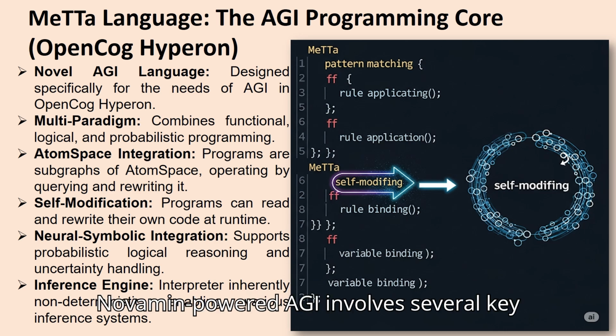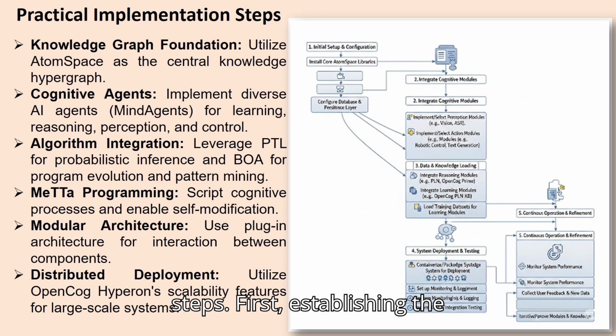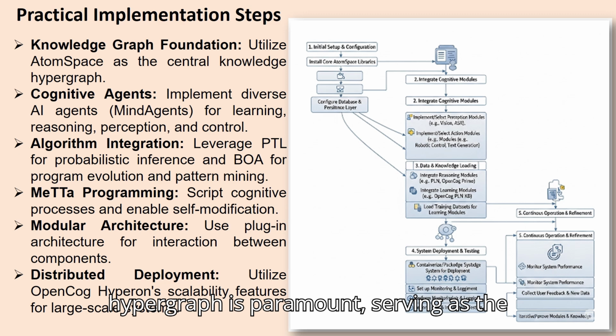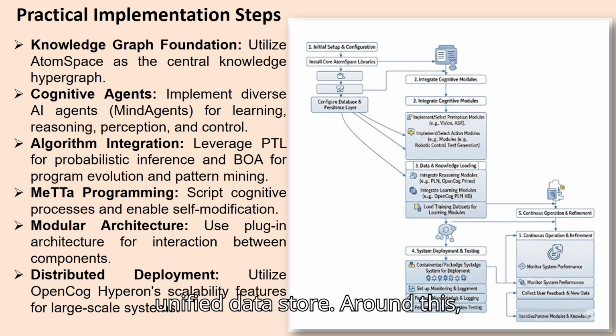Practically implementing a Novamente-powered AGI involves several key steps. First, establishing the AtomSpace as the flexible knowledge hypergraph is paramount, serving as the unified data store. Around this, various AI agents, or mind agents, are implemented, each carrying out specific learning, reasoning, or perceptual algorithms.